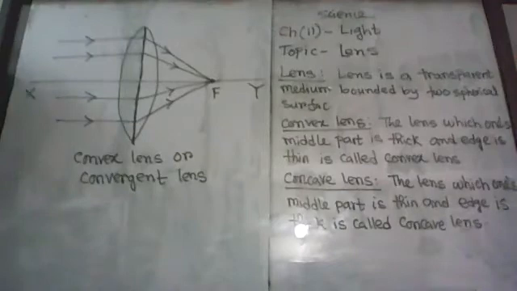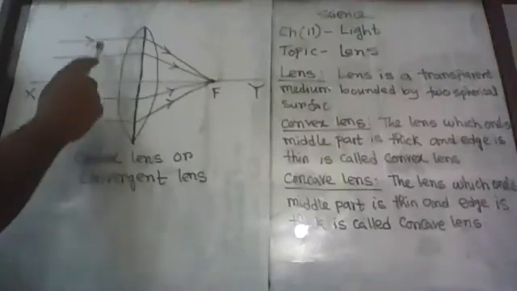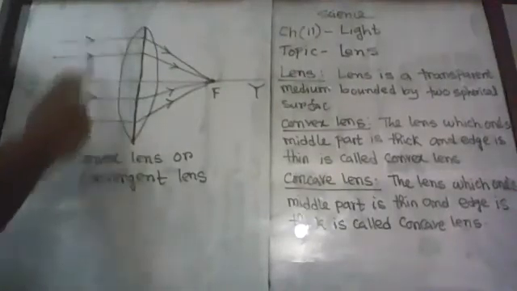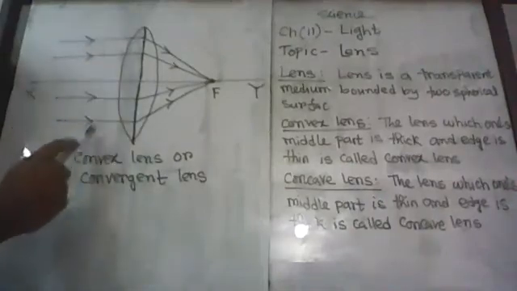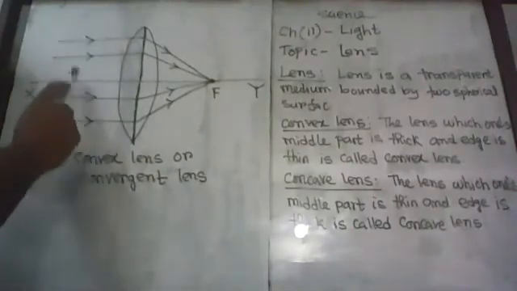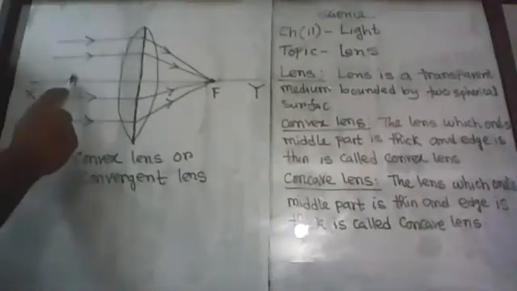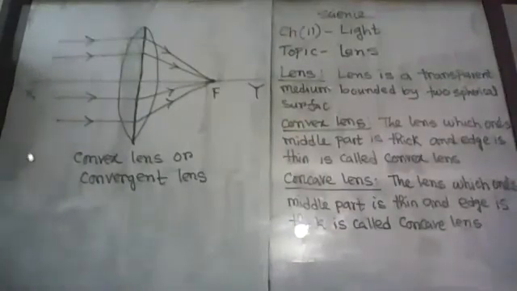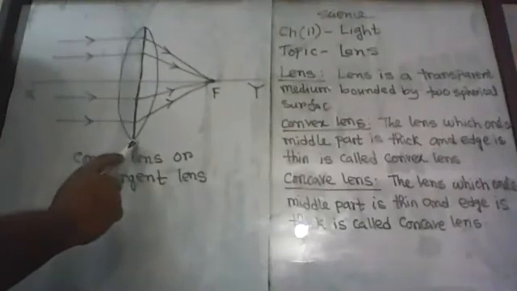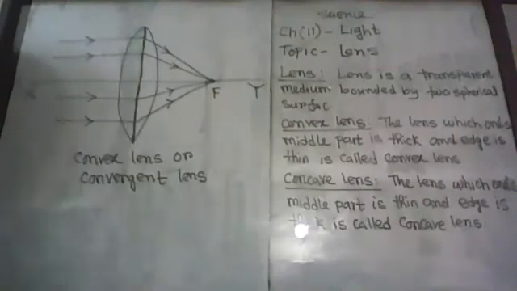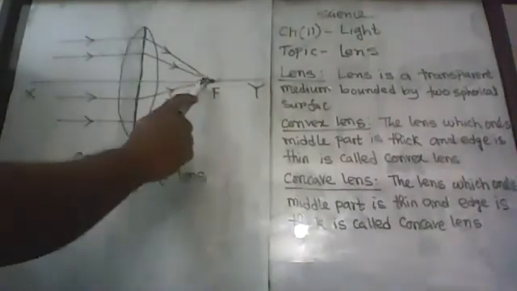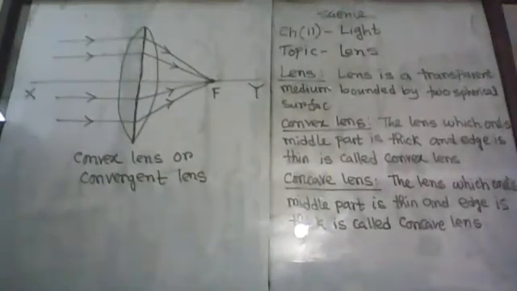Sir, please explain this focus once more. Okay. So the focus point: when some incident rays of light are parallel to each other and also parallel to the principal axis, then after refraction from the lens, those light rays fall on a point on the principal axis.